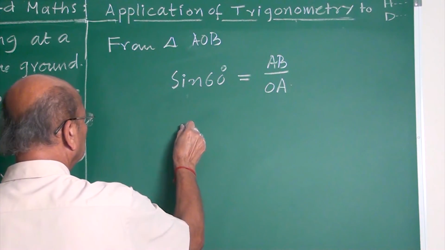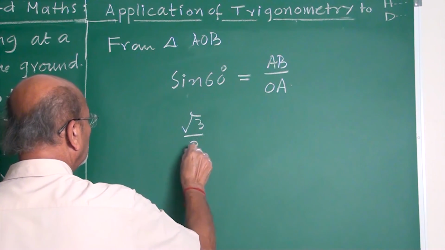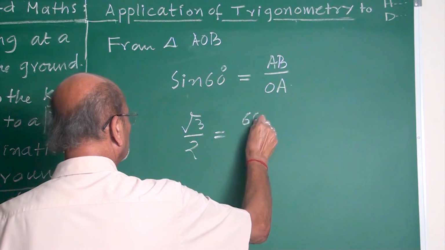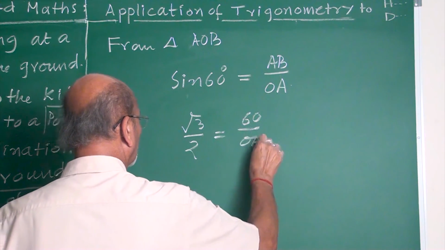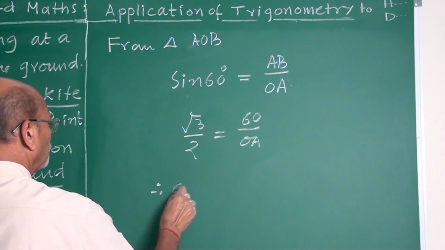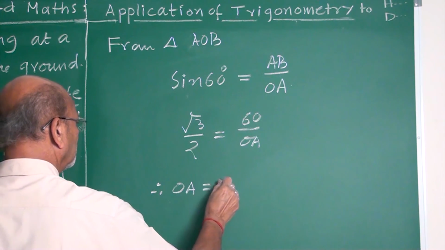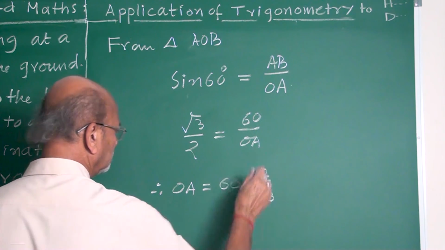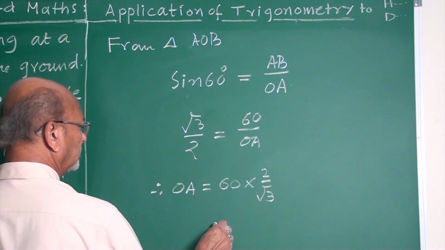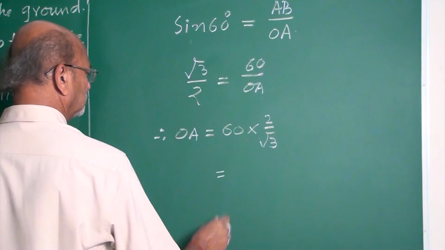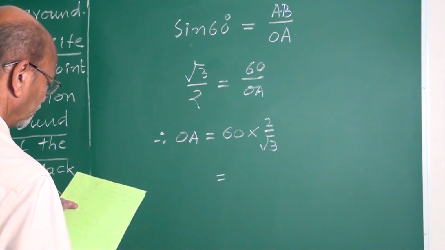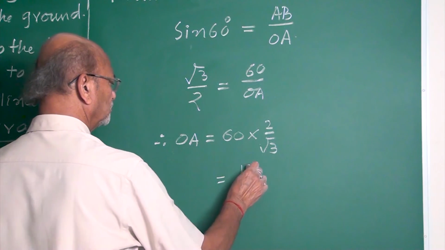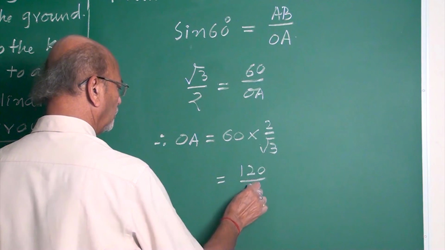Sine 60 is root 3 by 2. So root 3 by 2 equals 60 upon OA. Therefore, OA is 60 into 2 by root 3, which is 120 upon root 3.